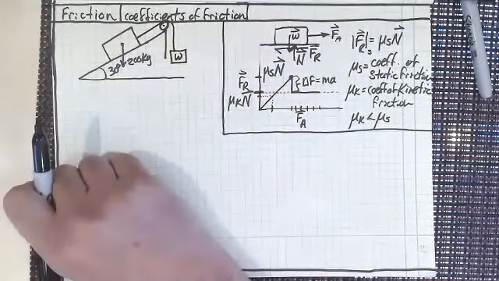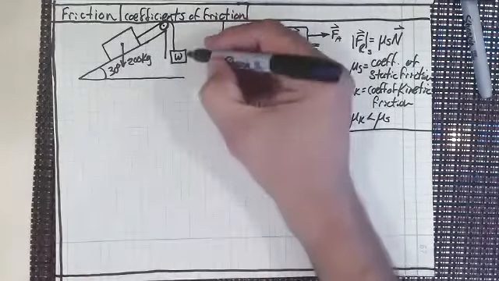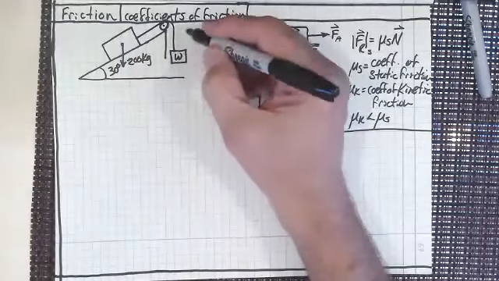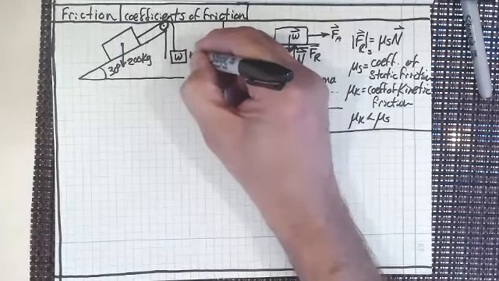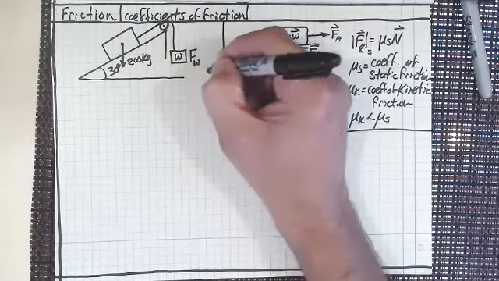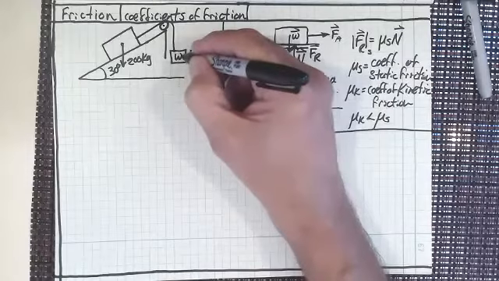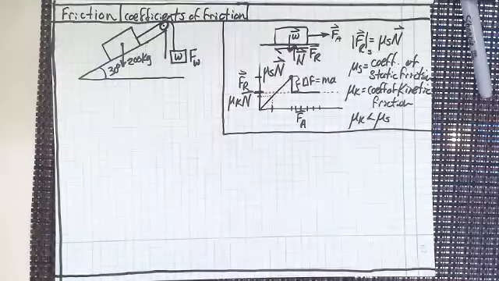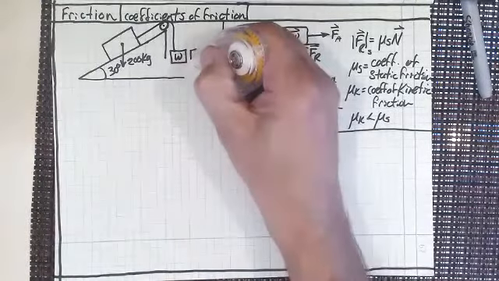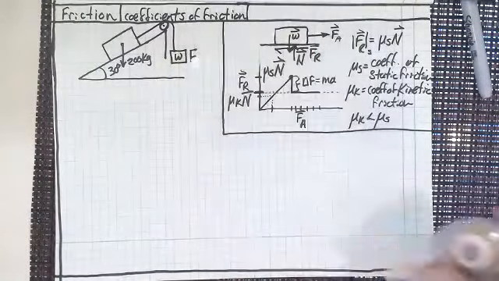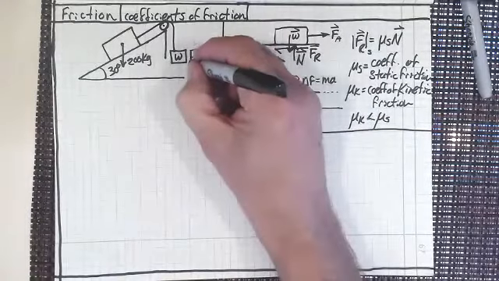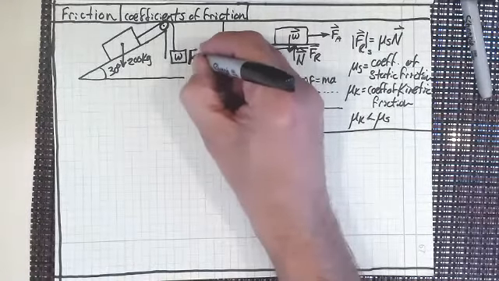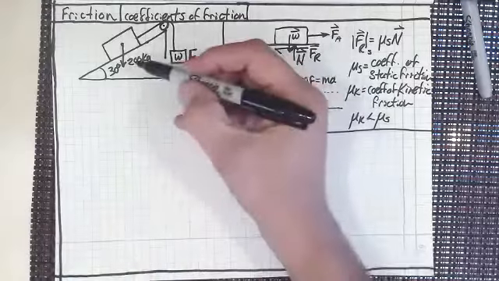Whatever that weight is, that weight is going to manifest some type of force. So we could call it force due to the weight. What should I call that? Maybe, you know what, I'm just going to call it F. We don't have any other F, so why not just call it F? We'll call it F this time rather than F sub anything else.